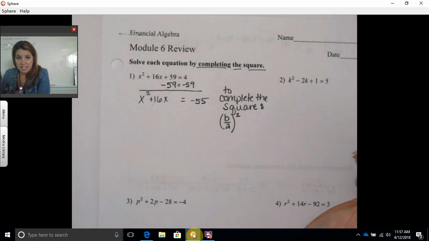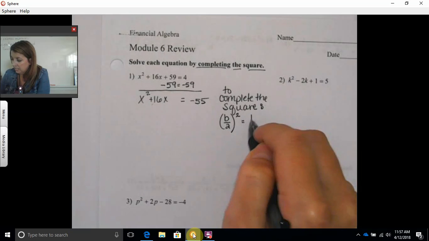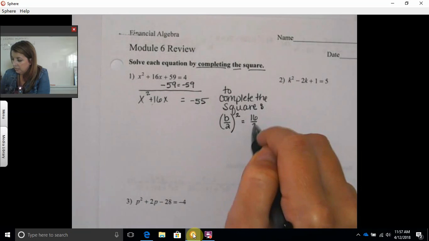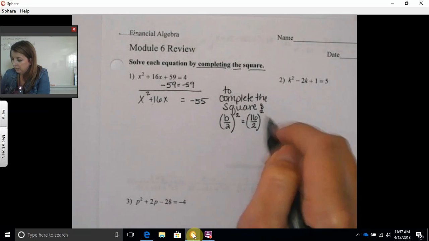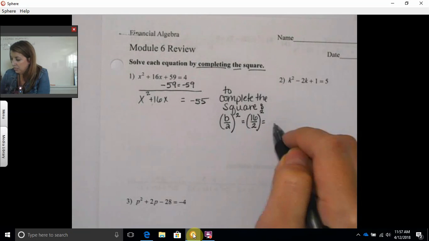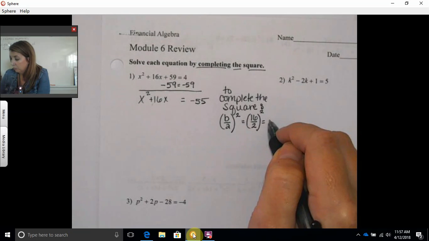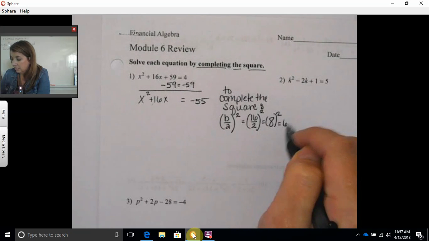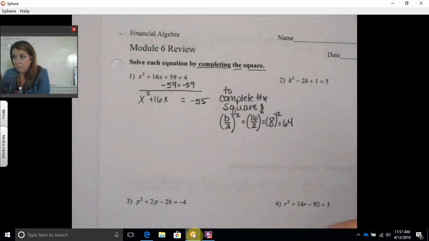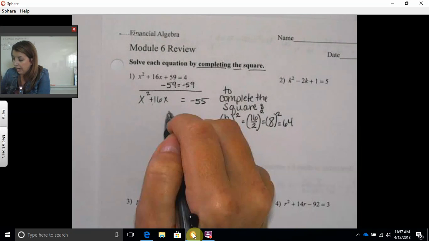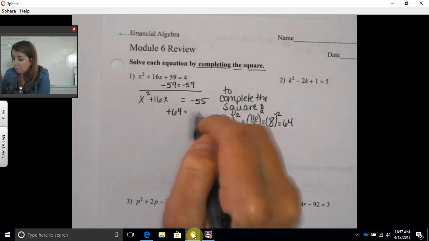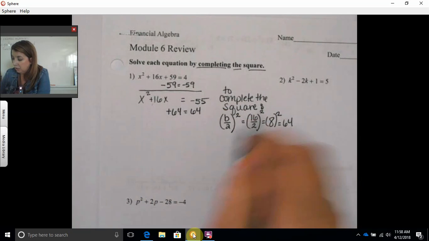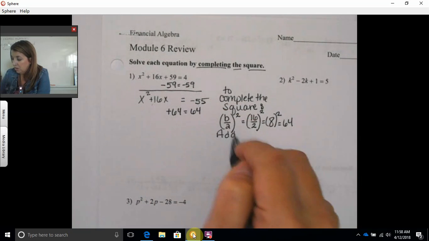So in this case, what is b? 16. So we'll take 16, divide that by 2, and square it. 16 divided by 2 is 8. 8 squared is 64. Remember, whatever that number is, you add it to both sides of the equation, not just the left side.